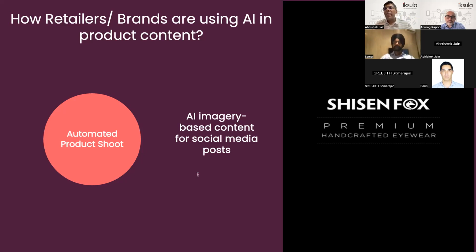And while these technologies are there, there is some element of human in the loop for final touch-ups within the creatives, within the design, just to make sure that they look more real. Broadly this, and obviously the underlying cloud infra also comes into play.